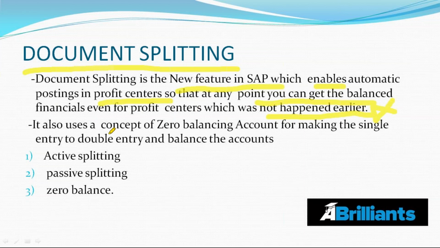Document splitting also uses a zero balancing account concept, which enables making single entries into double entries and balances the account accordingly. There are three forms of document splitting. Here we see the active document splitting, the passive document splitting, and the zero balance account approach.